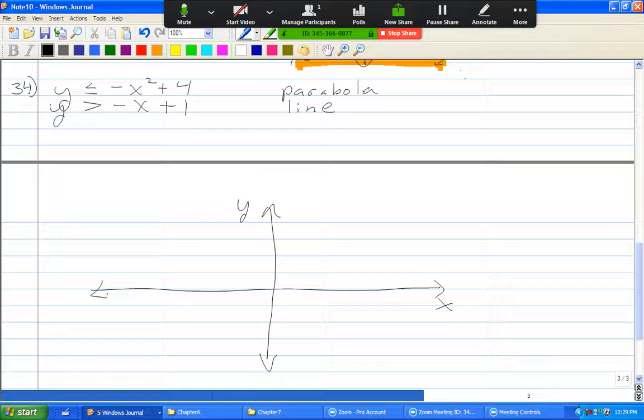Well, the first boundary line is y equaling negative x squared plus 4. So 1, 2, 3, 4. It's a parabola that points down. So y-intercept at 4, vertex at 4. And so it looks something like this.